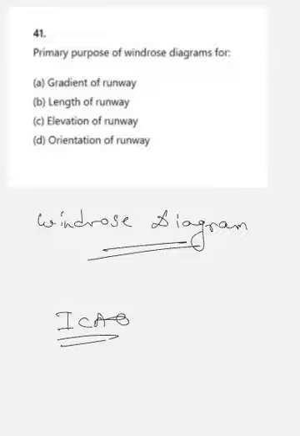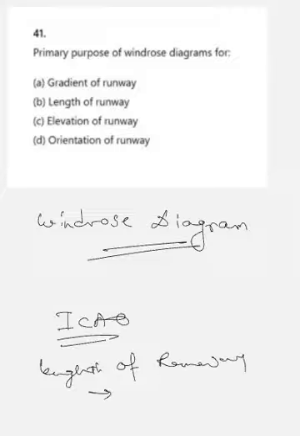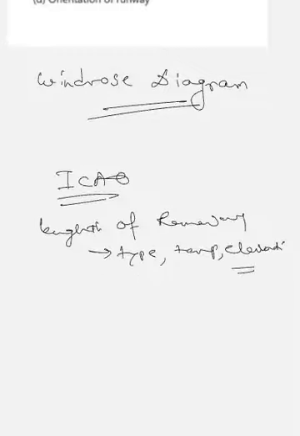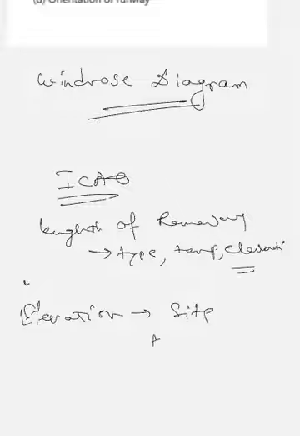Now, the length of runway depends on the aircraft type, temperature, elevation. Okay. Now the elevation of runway depends on the site topography. Okay. None of this requires wind frequency analysis.